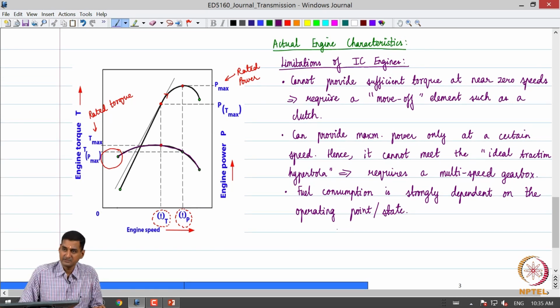That is another aspect of the IC engine that we need to keep in mind.